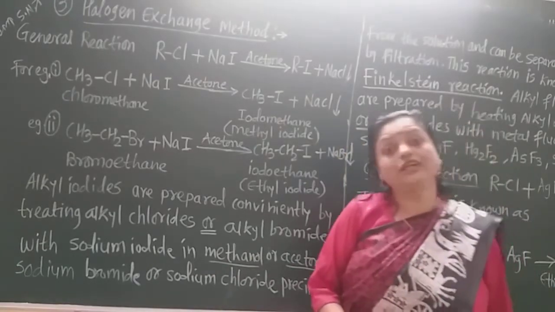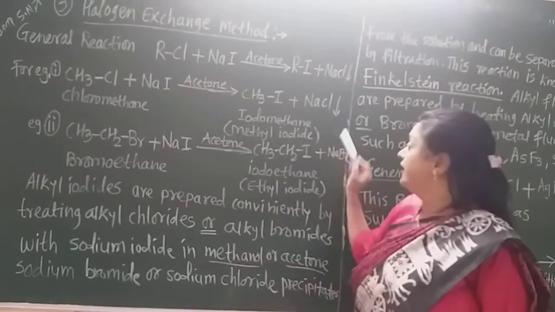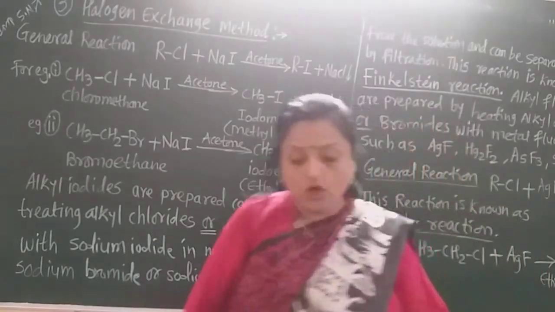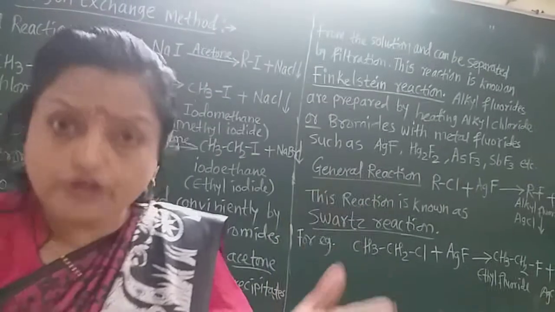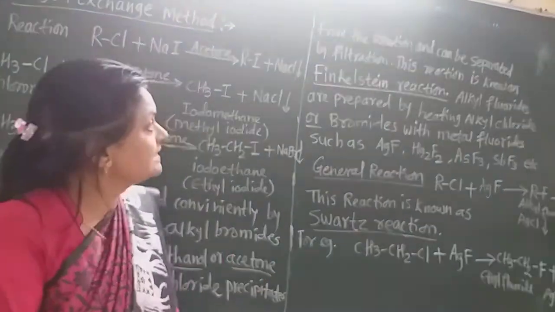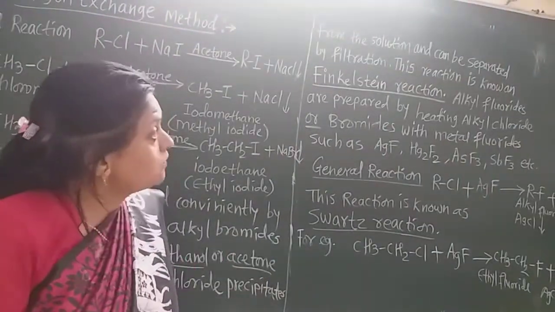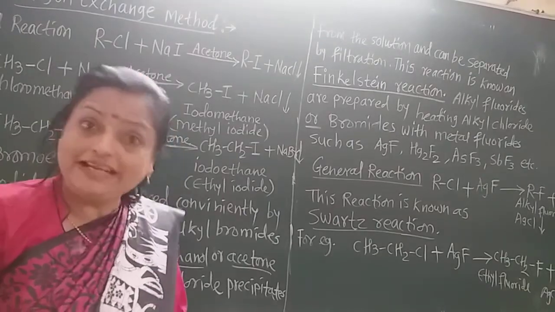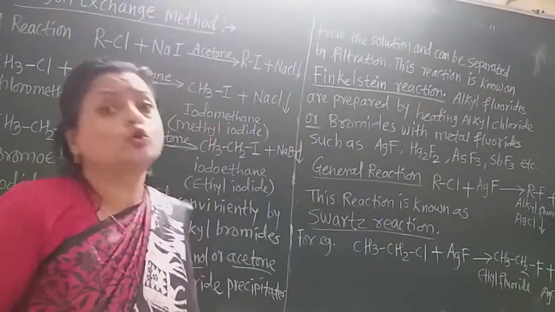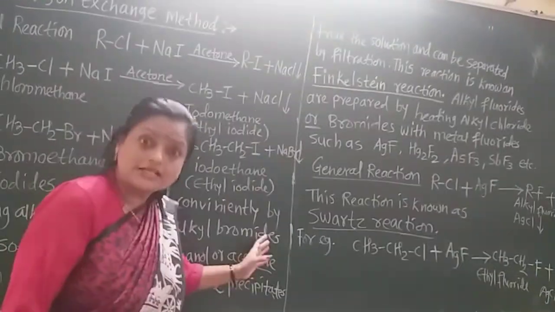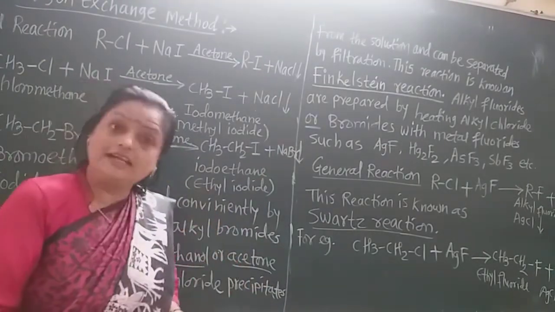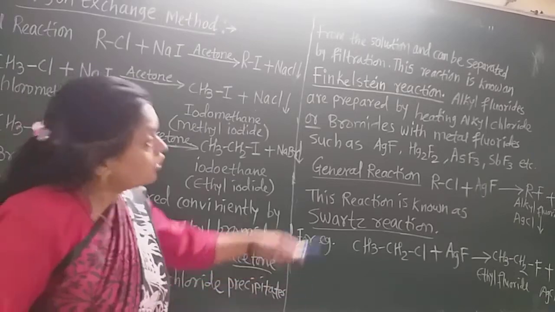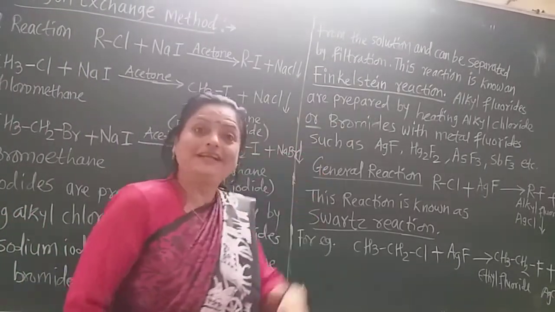Such byproducts, sodium chloride and sodium bromide, will be precipitated there. Now again, what we can write in the short note, so that our short note increases in points. The next is, from the solution we can separate the sodium chloride and sodium bromide, which are the byproducts, by the filtration method. And what will remain then? Only the alkyl iodide will remain. Now this reaction is called the Finkelstein reaction.